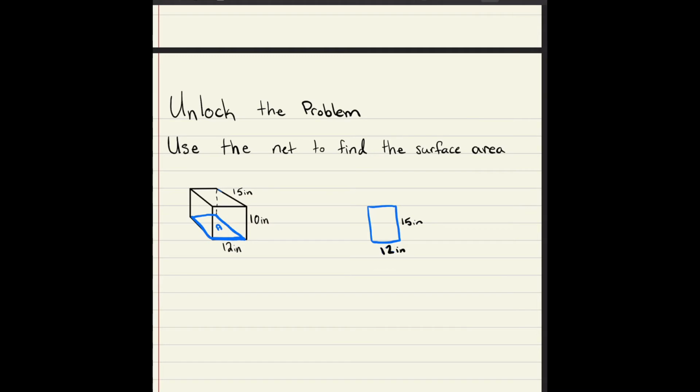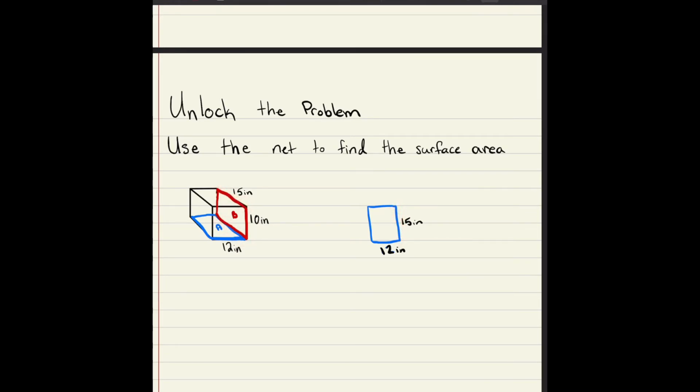All right, so I got one down. Now I got to get the other side. Let's go to the right. Now I'm dealing with this side. And this is B. So the side that A and B are sharing is this side here, because it is 15 inches long.